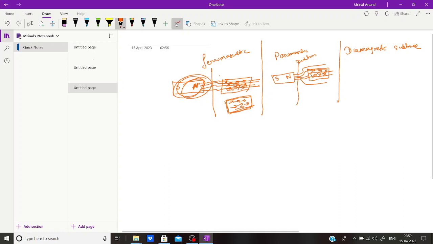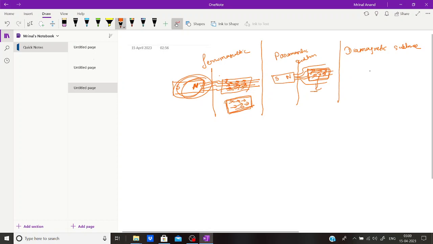As long as you give the paramagnetic substance the magnetic field, it will have magnetic properties. But as soon as you remove the magnetic field, the substance will lose its magnetic characteristics.